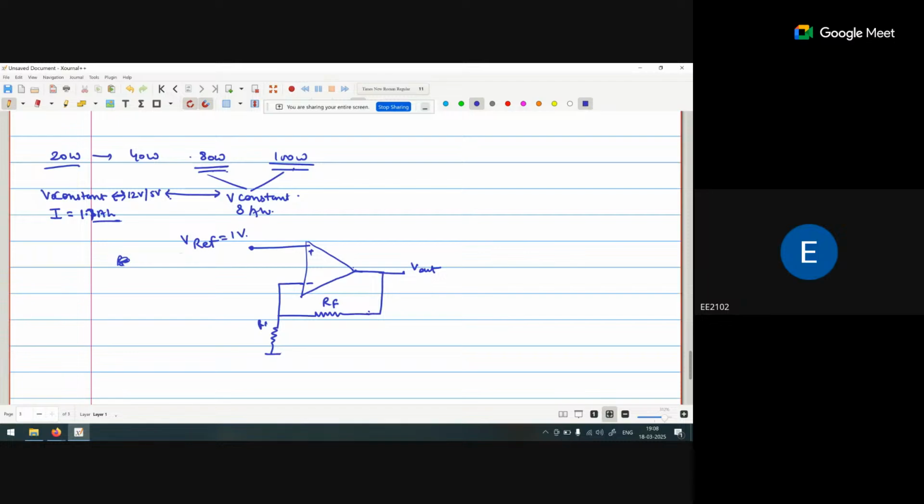This particular V out is connected with the LCD or LED screen. Any doubt? This will be connected with the battery.